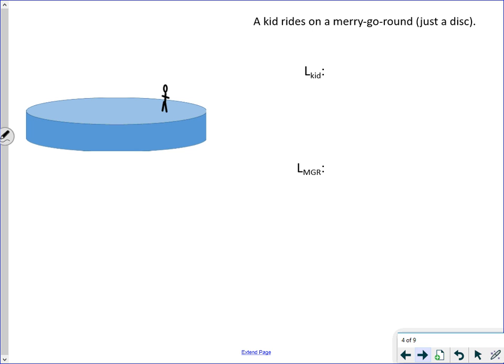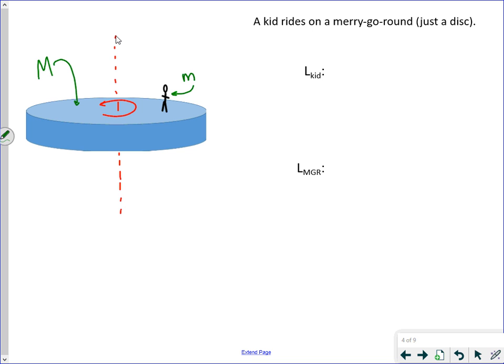Let's look at a couple of specific cases. We've got a kid riding on a merry-go-round that we'll treat like a disc, and this disc rotates about that central axis. The disc has a mass, capital M. The kid has a mass, little m.